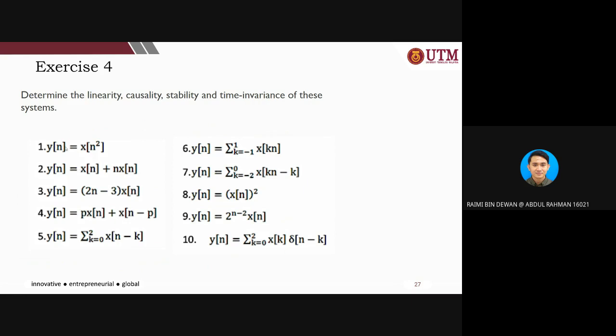Again, please be honest with yourself and try each of these exercises at your own convenience. For exercise 4, you need to determine whether the system is linear, causal, stable, or time invariant or not. You have exercises 1 until 10 to help your understanding, so make sure you do this as well.